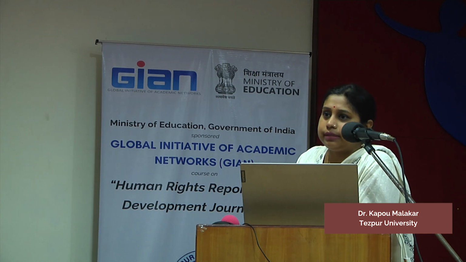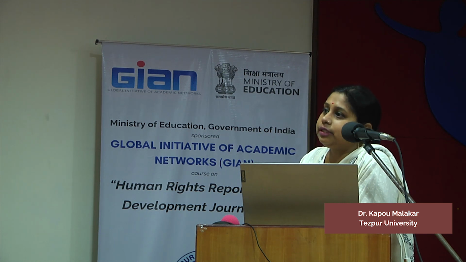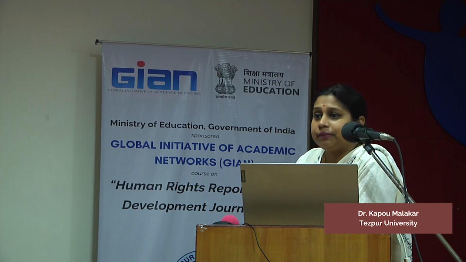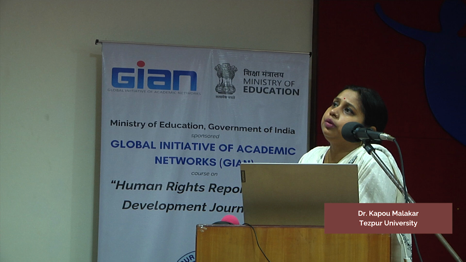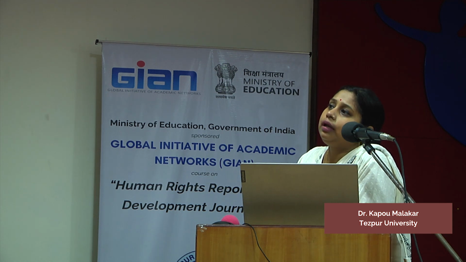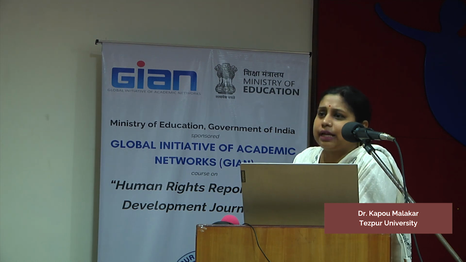rights are being violated. Suppose a victim of even poverty, any victim who hasn't got due benefit, and also a victim who suffers from the consequence of some government action or even private bodies' action.